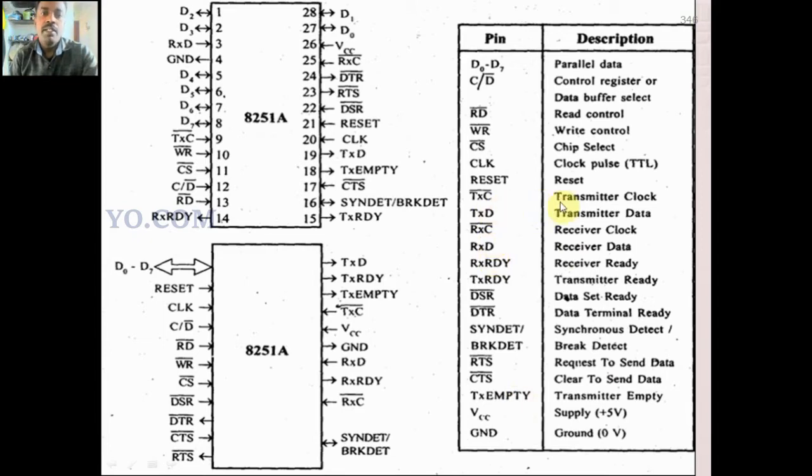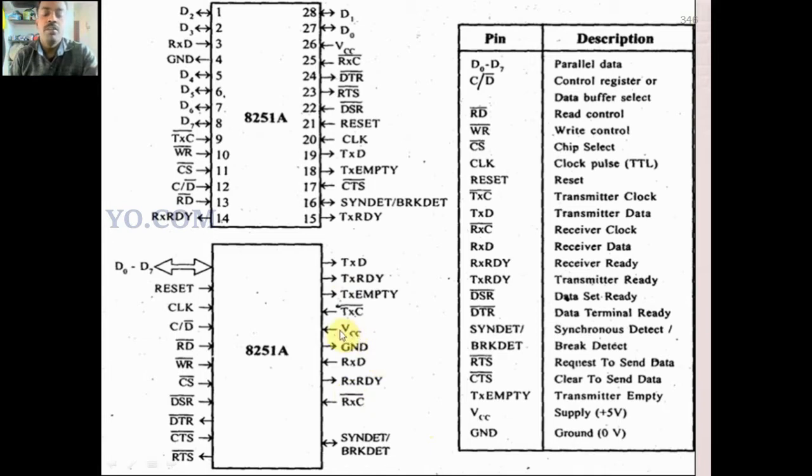If it is operated in asynchronous mode, then we use these pins: TXC, the transmitter clock, and RXC, the receiver clock, which is another clock coming from the receiver, while this one is coming from the transmitter. So these two clocks are different in asynchronous mode. If it is synchronous, the two clocks are the same.